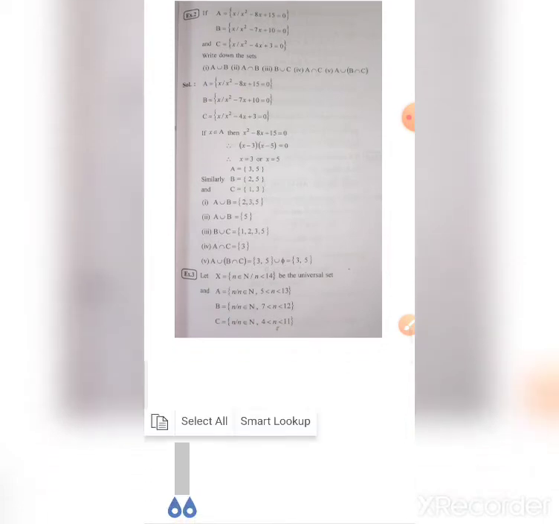A set is given: n belongs to N such that 5 is less than n is less than 13, meaning elements 6 to 12 are in A. B set: n such that 7 is less than n is less than 12 means B has elements 8 to 11.